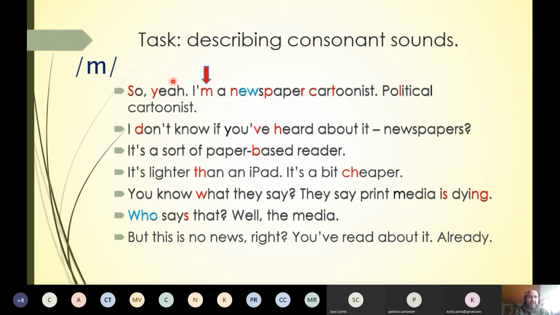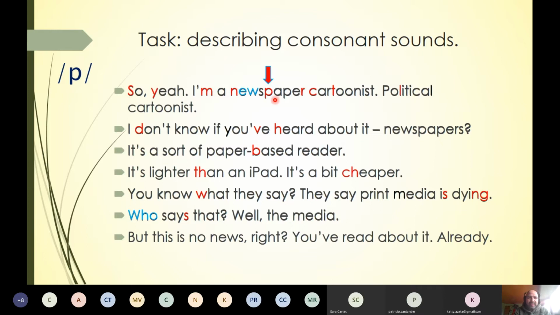The following is m in I'm, which is a voiced bilabial nasal sound. The next one is n, which is also voiced. It's alveolar, and it's a nasal sound as well as the previous one. I skipped the next one here because I already defined that in so.